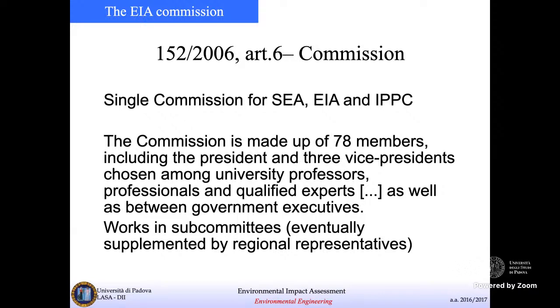In particular, we will have a subcommittee that is charged to follow strategic environmental appraisal, and other subcommittees that will be charged to follow IPPC procedures.